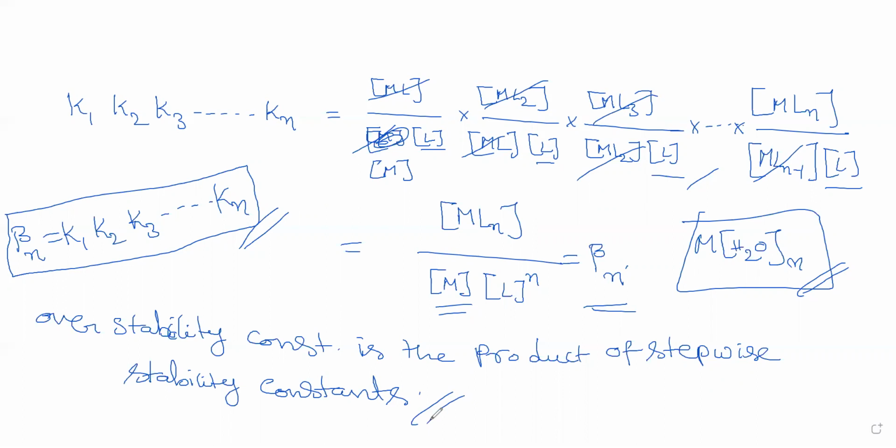Or suppose we have one example. Okay, we can do that. So we have an example for this. Can I clear this? Yes, sir. So suppose you have Cu2+ that is treated with ammonia NH3. So we get some Cu(NH3)2+ first.